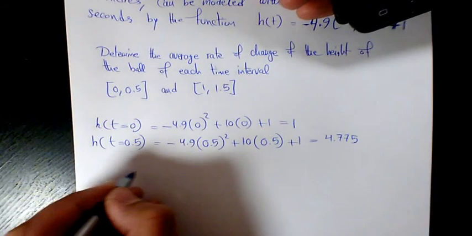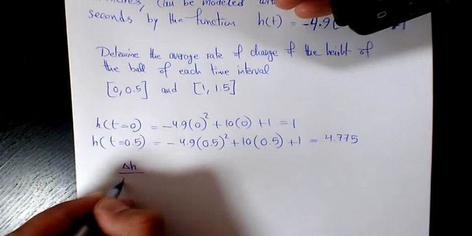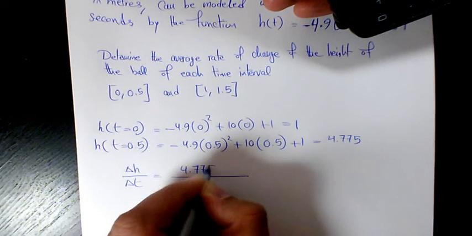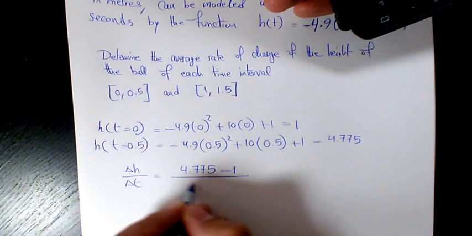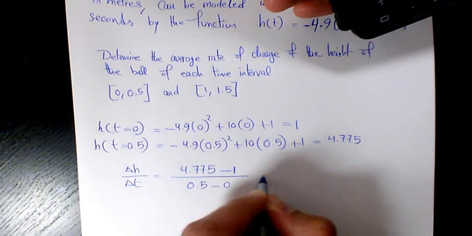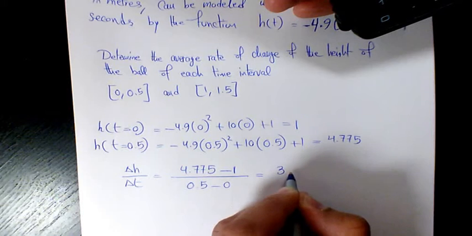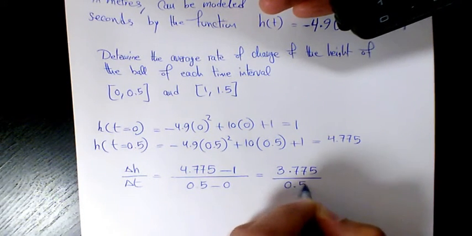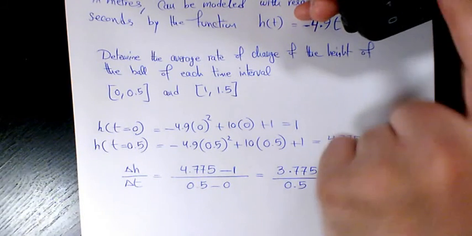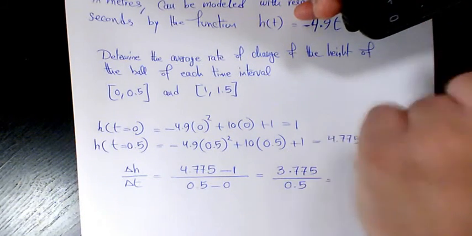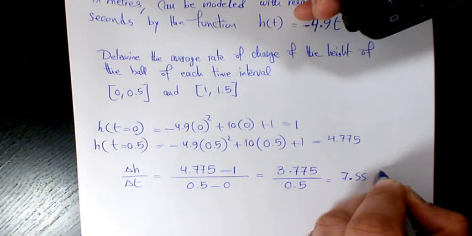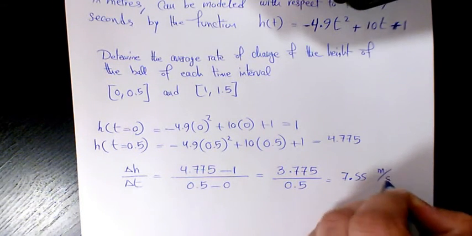That's going to be delta h over delta t: 5.775 minus 1 over 0.5 minus 0. That's going to be 4.775 over 0.5, which is 9.55 meters per second.